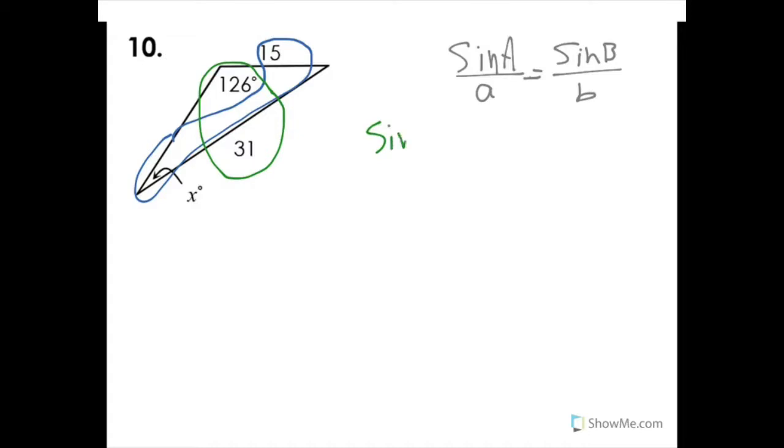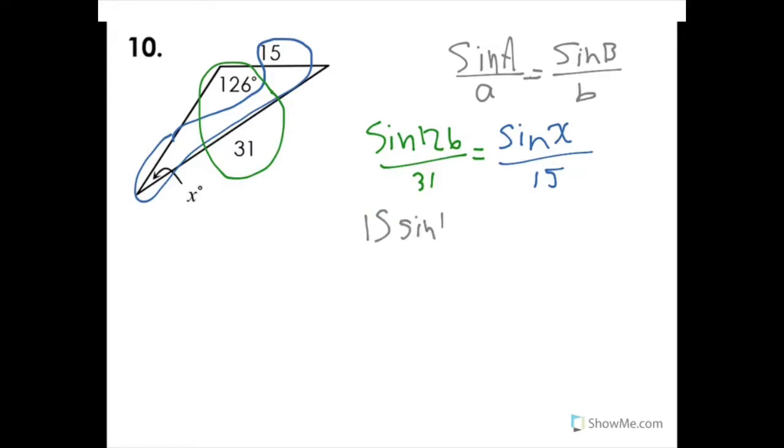So this is the sine of 126 over 31 is equal to the sine of x over 15. And then cross multiply. So 15 times the sine of 126 is equal to 31 times the sine of x.